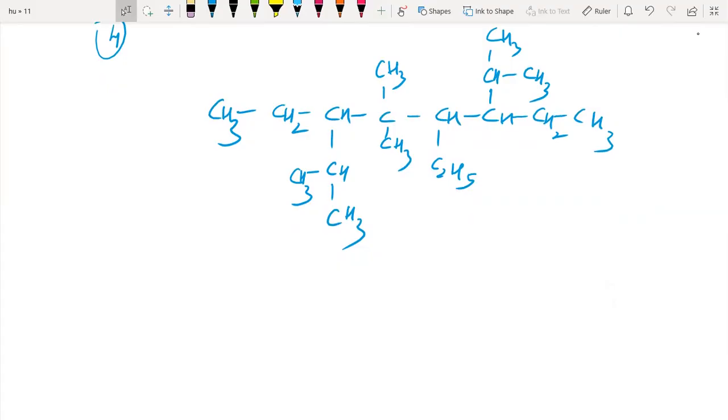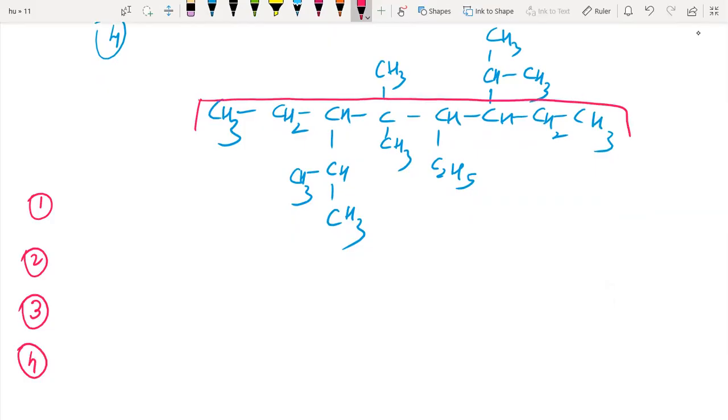Okay, the very first thing is to select the longest carbon chain. So for the longest carbon chain, many more possibilities are there. Say many more possibilities you are going to get in this. Okay, we'll discuss. The very first one is this, straight. Now the second thing is what?